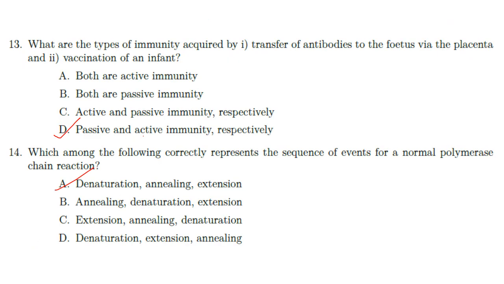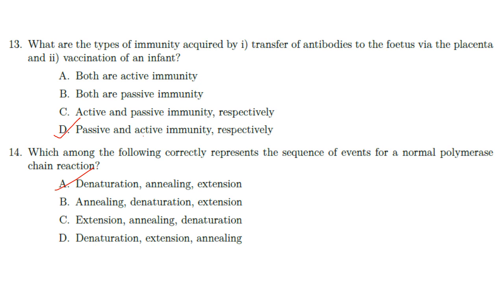The next one. What are the types of immunity acquired by transfer of antibodies to the fetus via the placenta? So which antibody is transferred to the fetus via placenta? It is IgG. And vaccination of an infant. So that is not the question regarding which antibody, whether it is active or passive immunity. Which one is active, which one is passive.